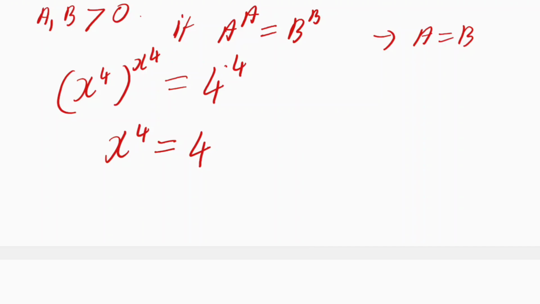Step 3: because we're at this point, we have to solve for x. The simple way of solving for x is taking the fourth root on both sides.